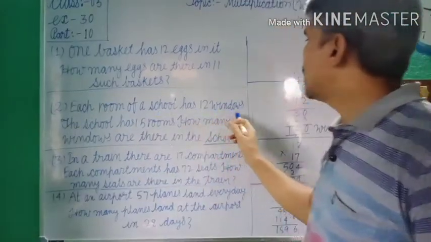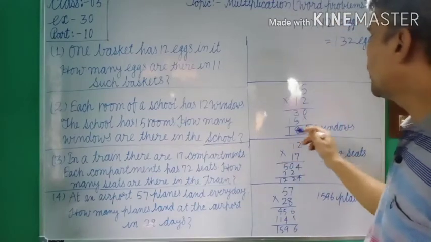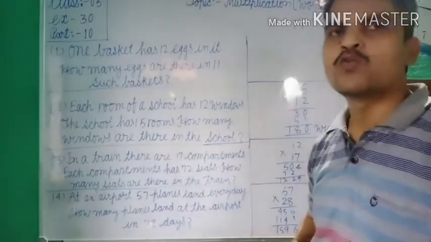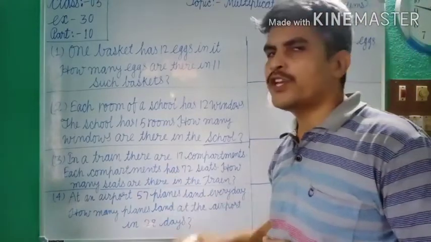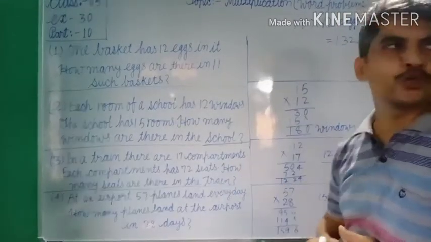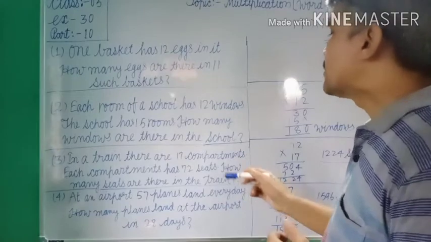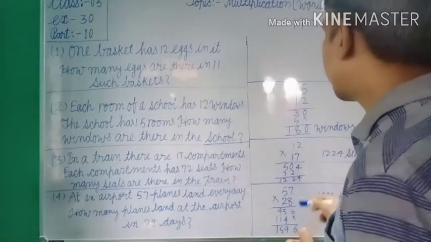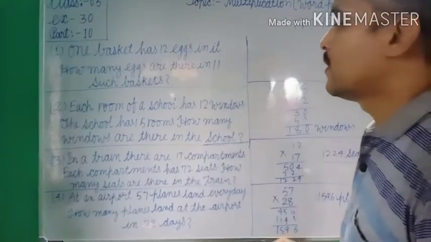Each room of a school has 12 windows. How many windows in 15 rooms? When you multiply, you get the answer: 180 windows in 15 rooms. In a train, there are 17 compartments. One compartment has 72 seats. Then you find how many seats in 17 compartments: 1224 seats in the train.